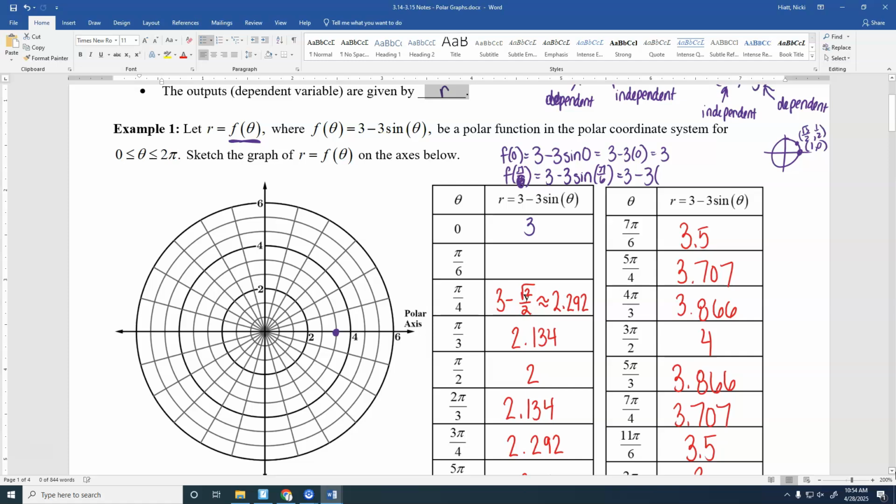What's our sine at that point? 1/2. So we're going to have 3 minus 1.5, which is just going to give us 1.5 right here. So pi over 6 is that second line, and we want 1.5.